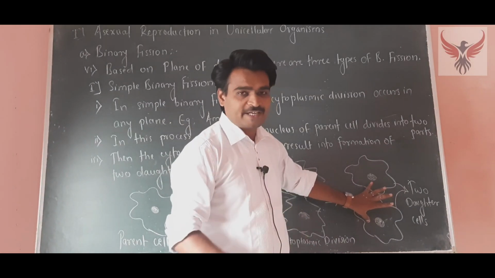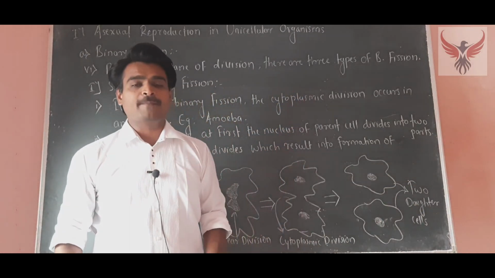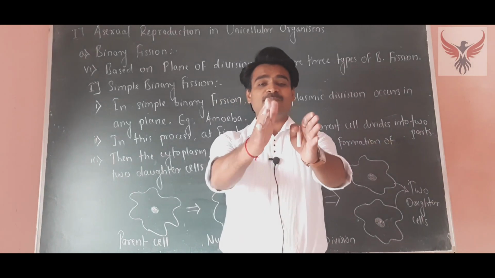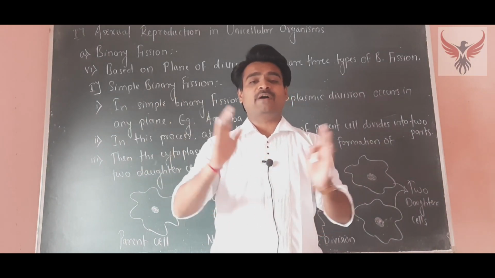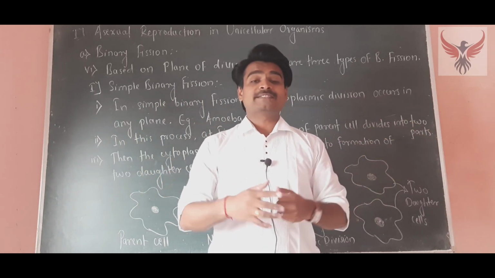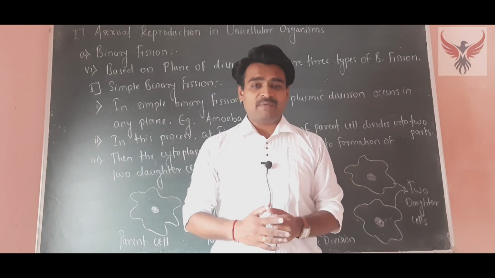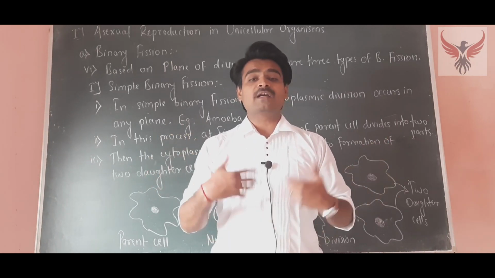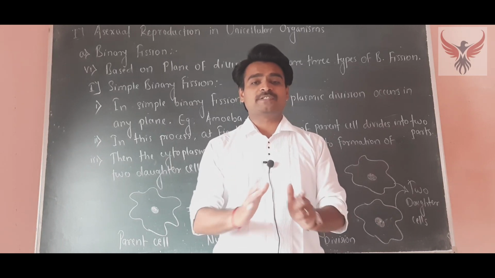After complete division of the cytoplasm, we obtain two different daughter cells. So in simple binary fission, first the nucleus divides, then the cytoplasm divides, and we get two daughter cells. In this way the simple binary fission process is completed.